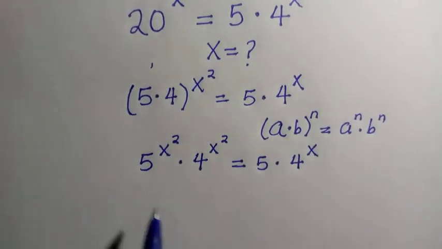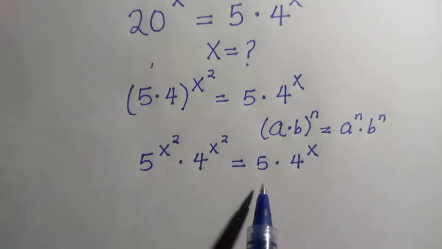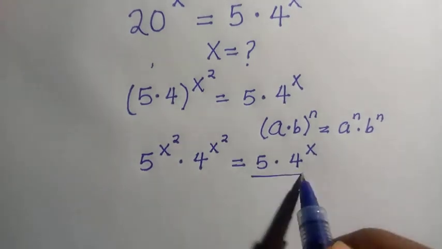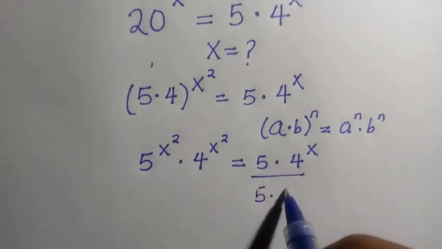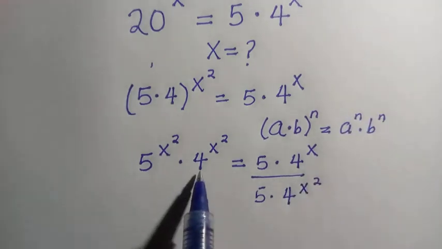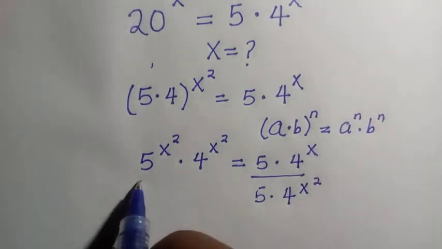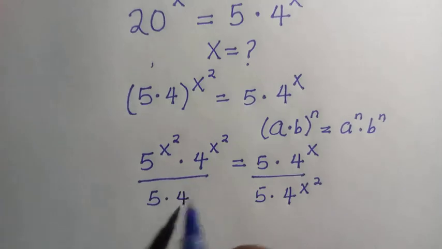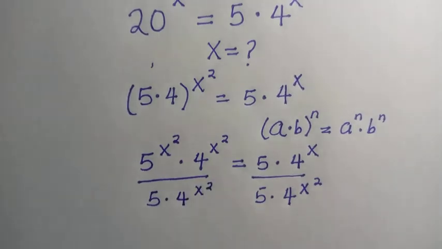So what we do next is, here is the base of 5 and here is the base of 5. So we have to divide both sides by 5 multiplied by 4 to the power of x squared. So I will transfer this here, then this side also 5 multiplied by 4 to the power of x squared.